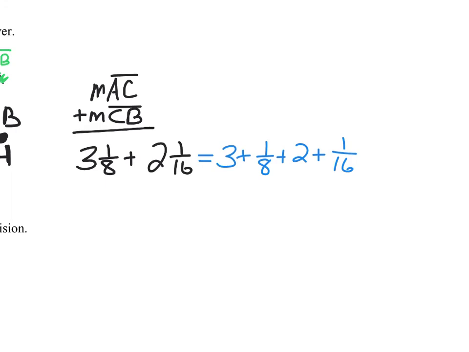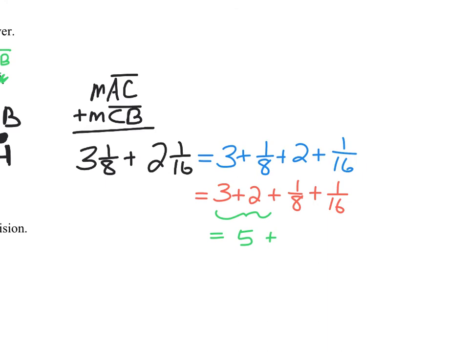So I choose to add the 3 and the 2, then the 1/8, and then the 1/16, because I can get a clean 5 out of this. Then I just have to worry about the 1/8 plus the 1/16.